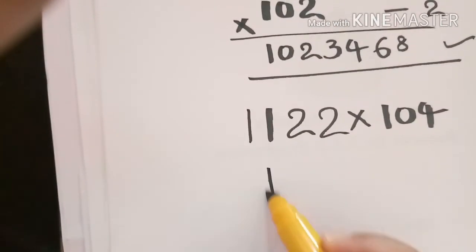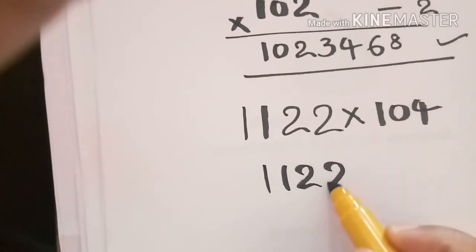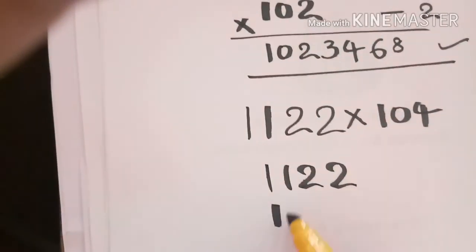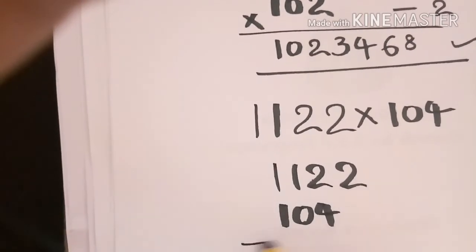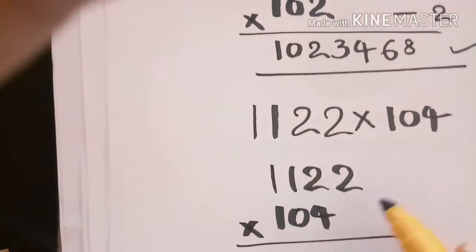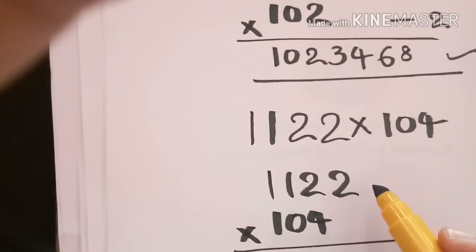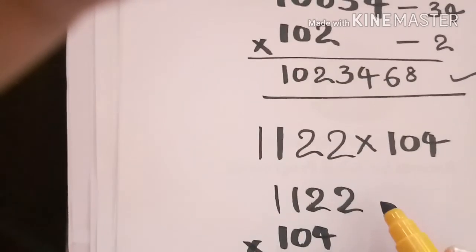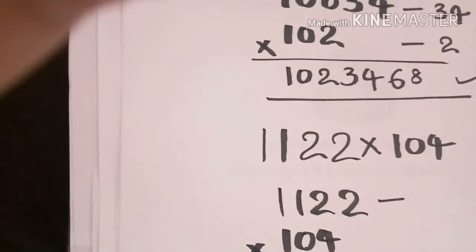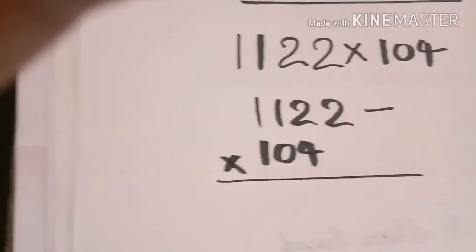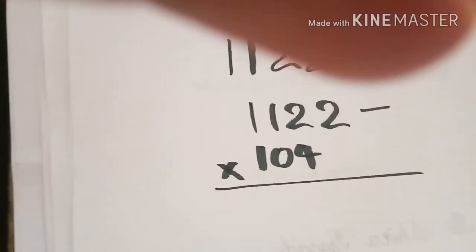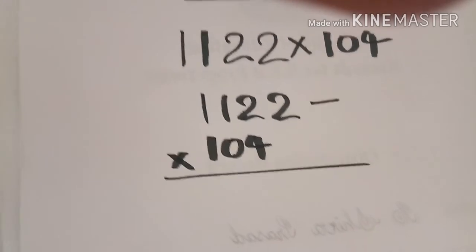Once you see here, I'm going to do those calculations. Now I'm going to write 1122 times 104. See here calculations. Yes, now here how can we take this? You see here, you can calculate now. How many values are there? Just observe.